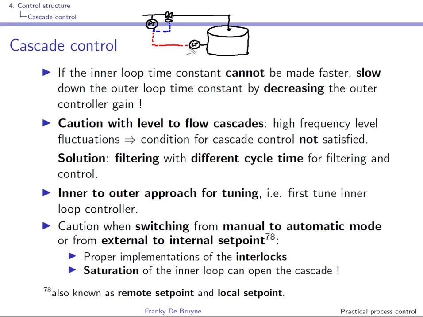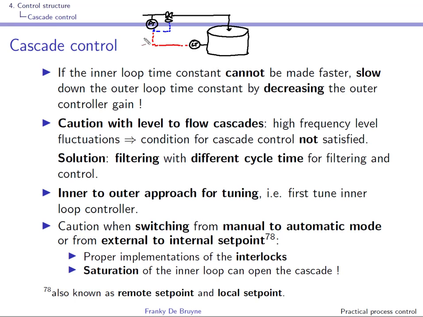Assume now that there is high frequency noise on the level. Well, if you do not take any precautions, you will have these high frequency fluctuations at the output of your controller, sent to this local flow control, right?